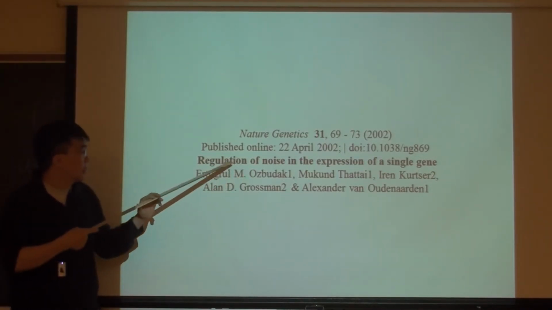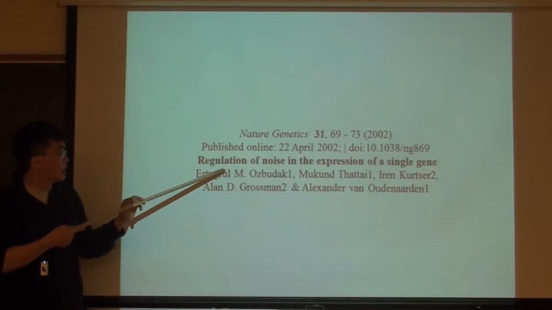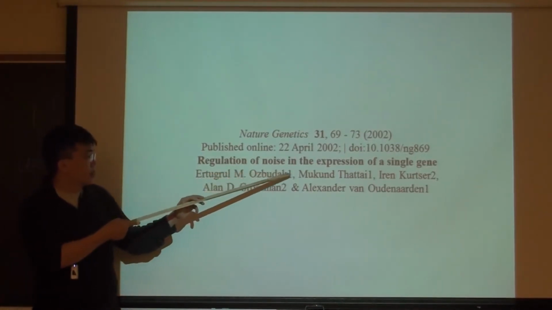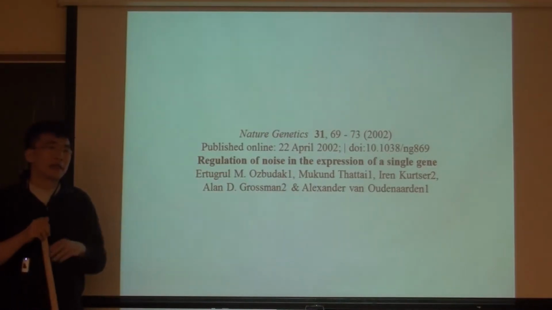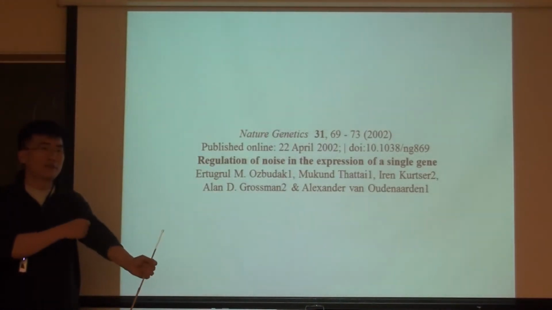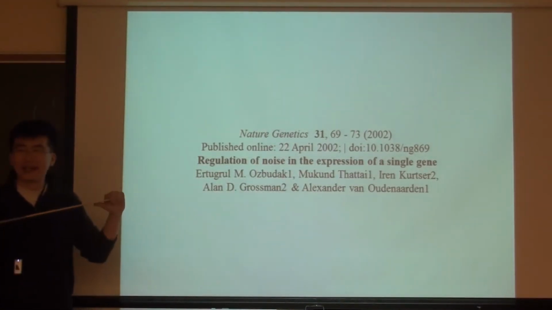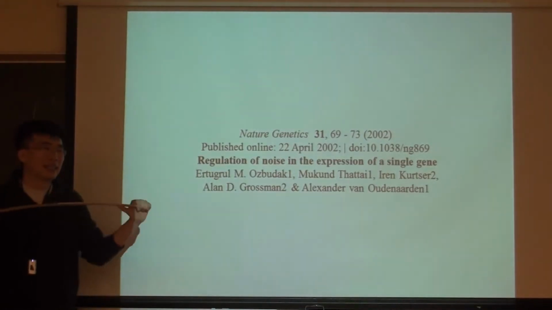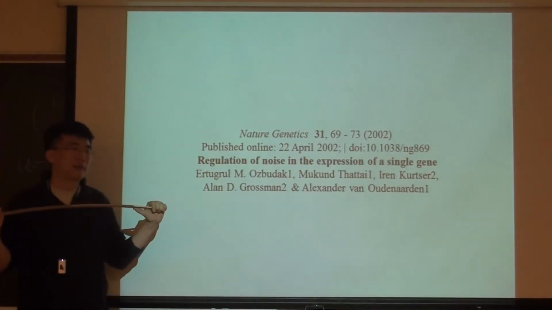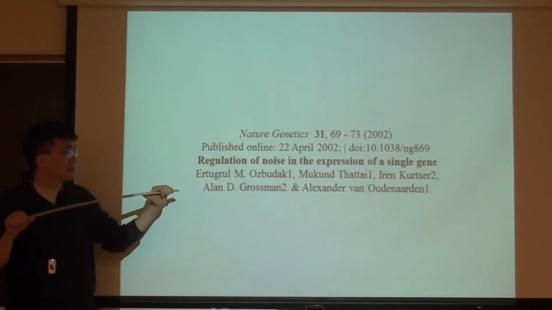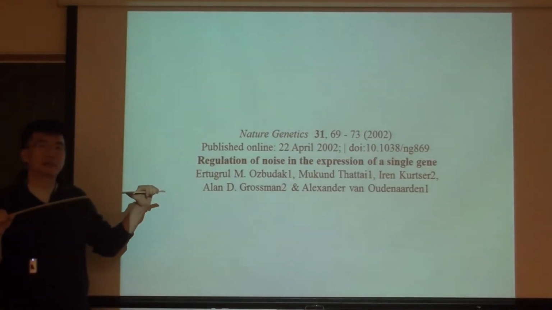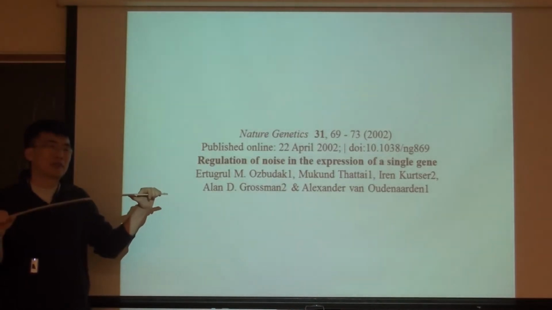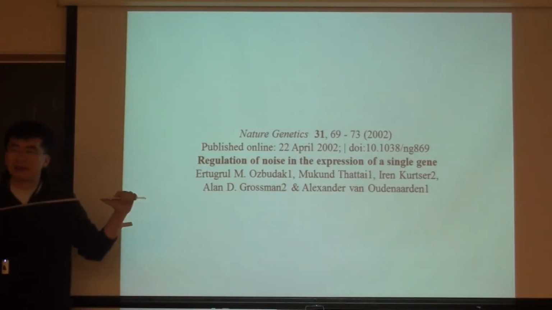This paper in Nature Genetics is titled "Regulation of Noise in the Expression of a Single Gene," and there's actually no colorful picture or movie in the paper. But despite that, it is a very important paper. I believe that the yeast strains that they engineered in this paper are still the most frequently requested material from the lab.